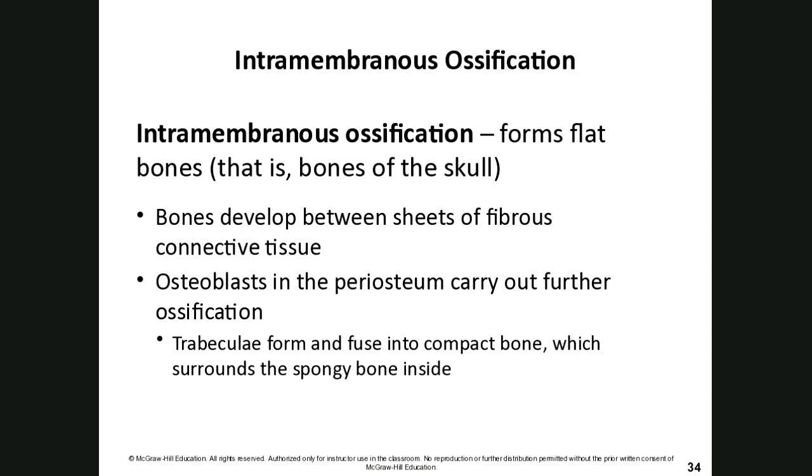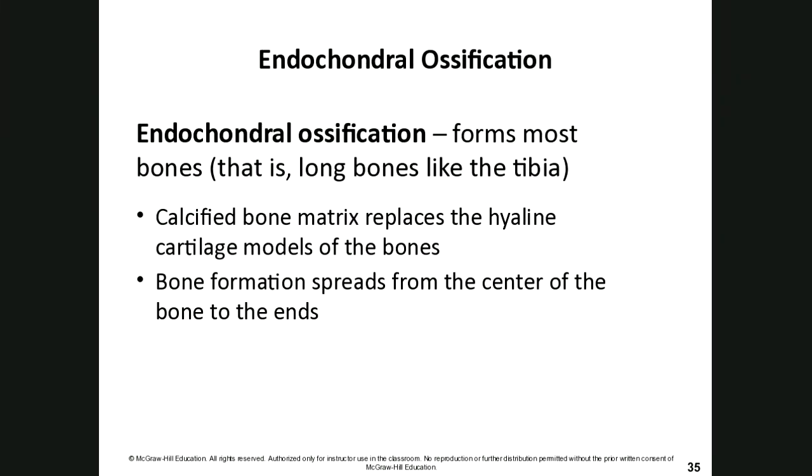Then as those osteoblasts are trapped in that area, they continue to carry out that ossification. The trabeculae will form and fuse in the compact bone, and the spongy bone is going to be surrounded by that compact bone on the outside.